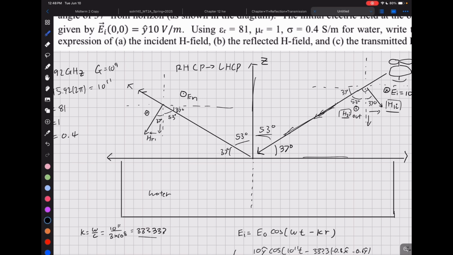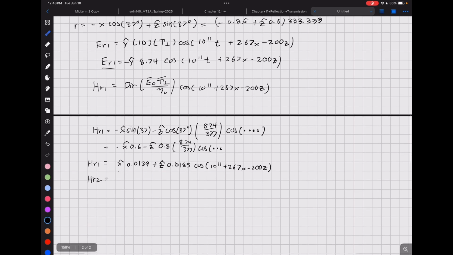That's our assumed. So our H reflected 2 is calculated using the direction, eta naught, gamma, 377, sine 10 to the 11 t plus 267x minus 200z.